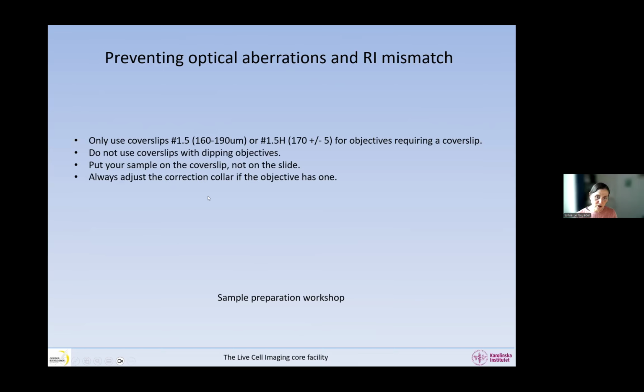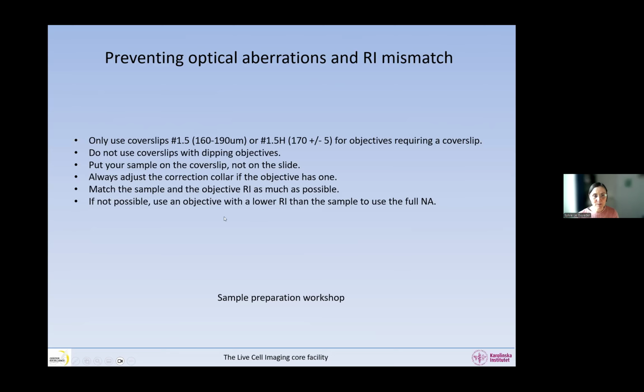Adjust the correction collar if your objective has one, and match the sample. If the objective that you normally use has a correction collar, let me know in the workshop and I can show you how to adjust it. Next year I will make a video about it. And match the sample and the objective refraction indices as much as possible.